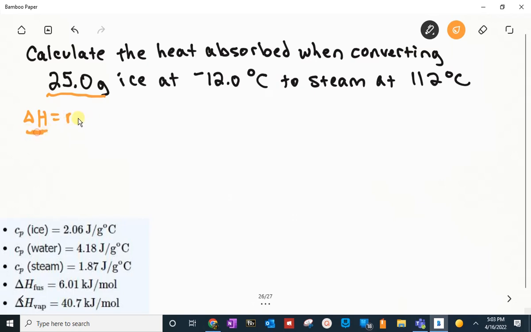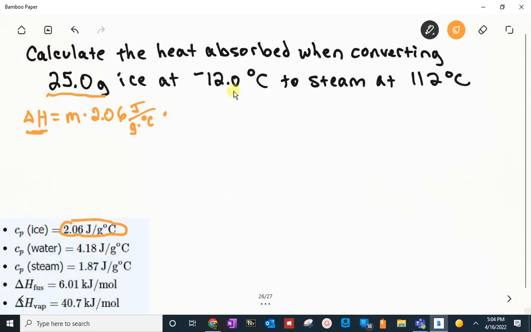The formula is going to be the mass of the ice times its specific heat, so we know down here the specific heat of ice is 2.06 joules per gram times degrees Celsius, times the change in temperature.